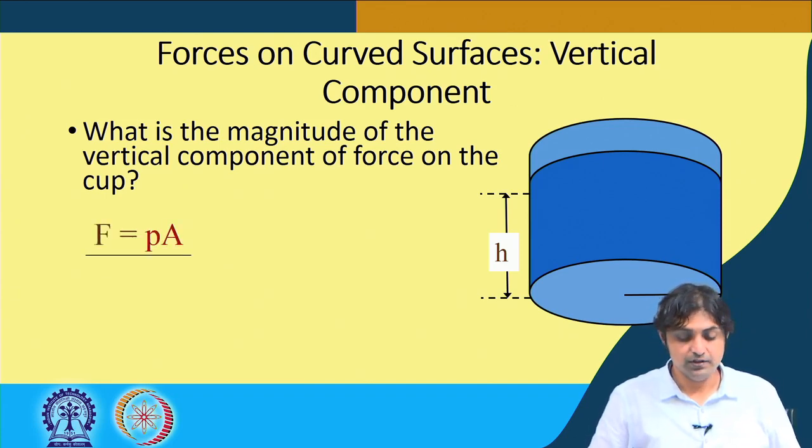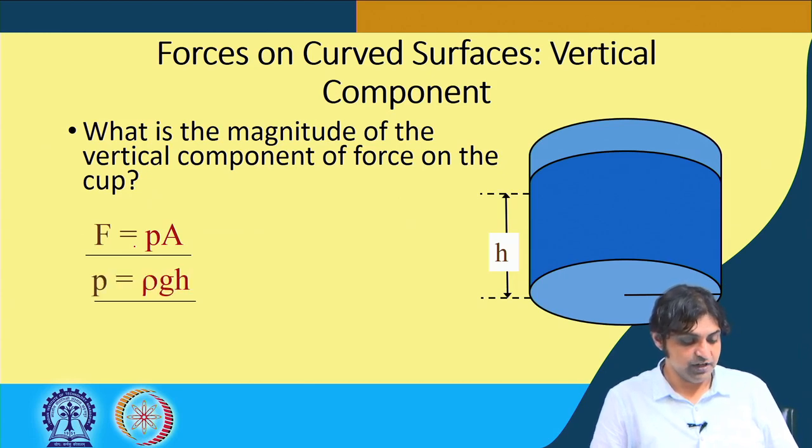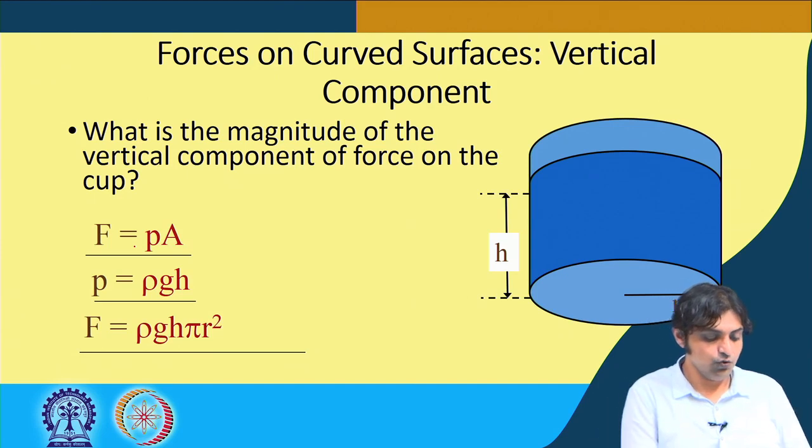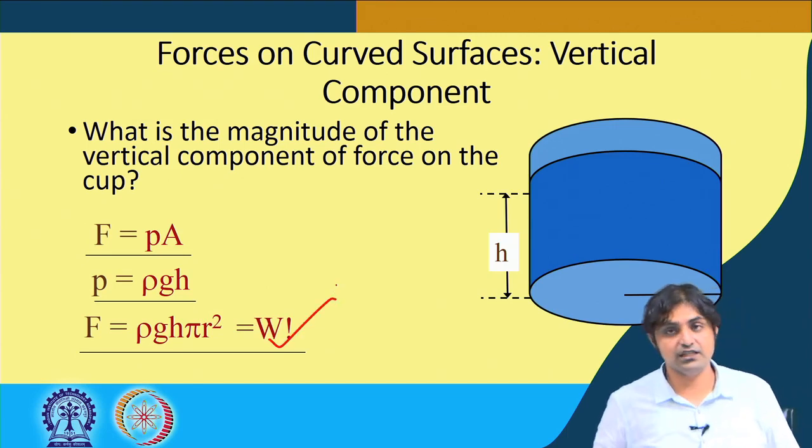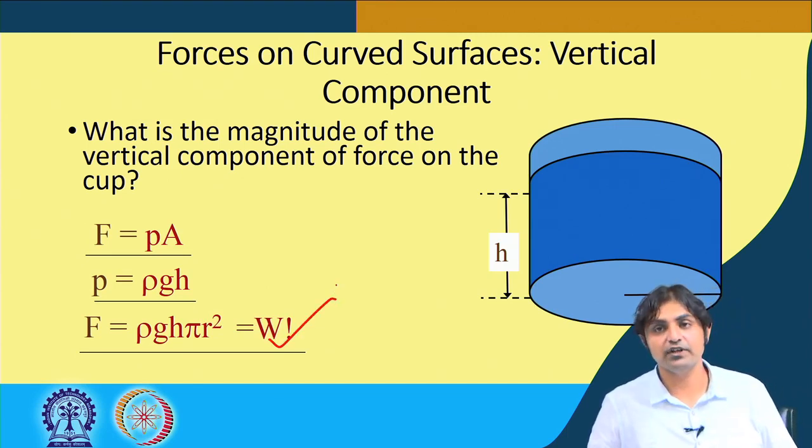Tell me. Force is pressure into area, correct? Pressure is rho g h, right? Area is pi r square, and this actually is the weight of the liquid supporting it. So that will be the vertical force.